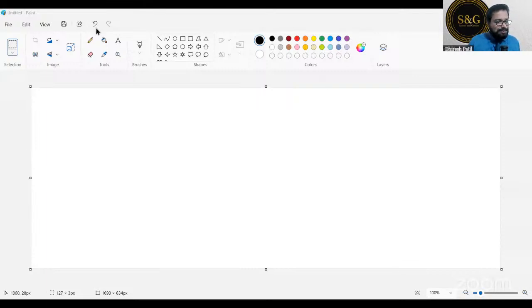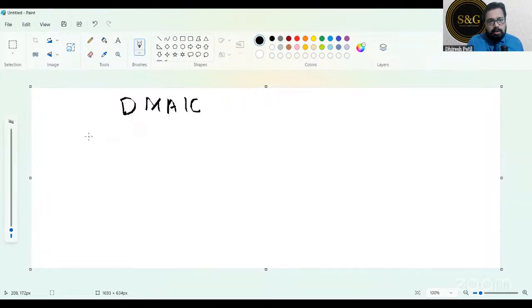In the entire DMAIC framework, the improve phase is the phase where we identify the solutions, not the project. The main objective of the improve phase is to identify the solutions.